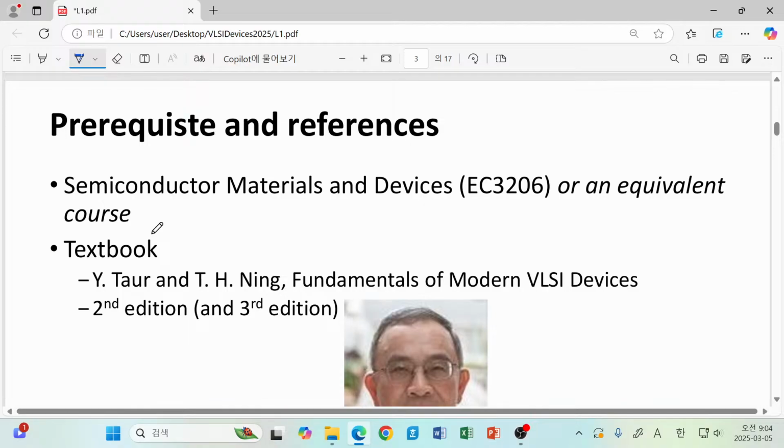In order to attend this course, you had to attend Semiconductor Material and Devices, code number EC3206, or an equivalent course. Some of you are coming from graduate school, so you never attended that course exactly, but if you had similar courses, then it's okay.